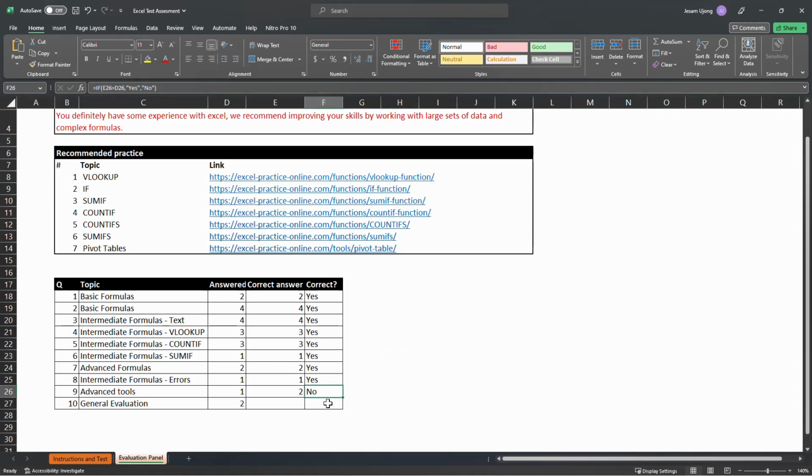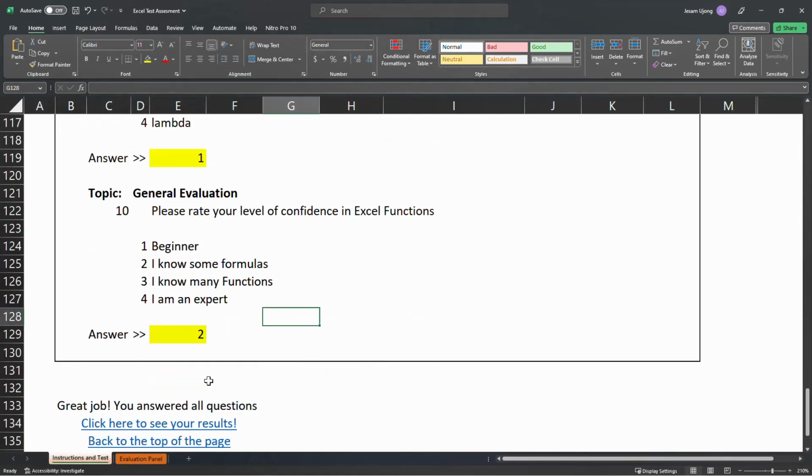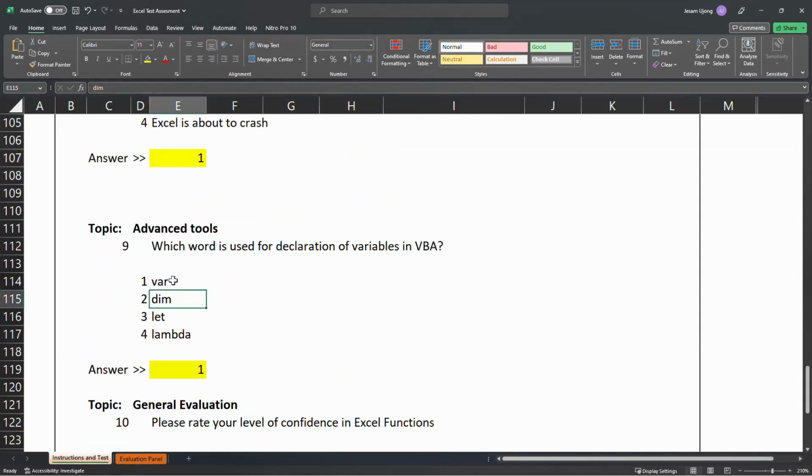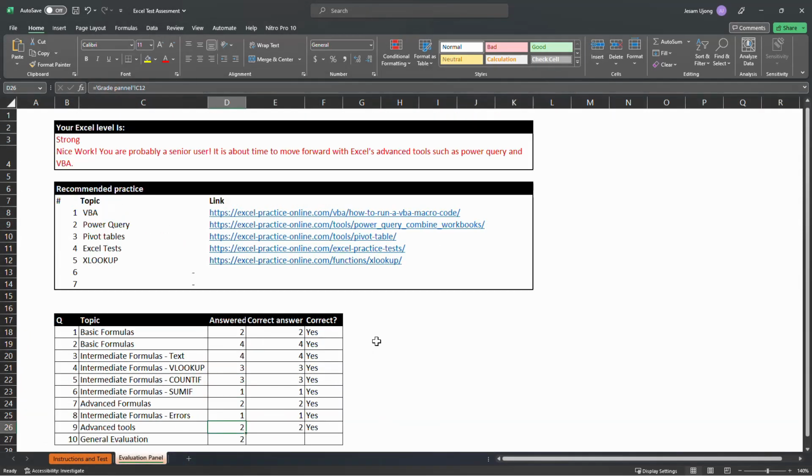Apparently, the correct answer for this was dimension, DIM, not VAR. So yeah, I just learned that so I wouldn't fumble again.